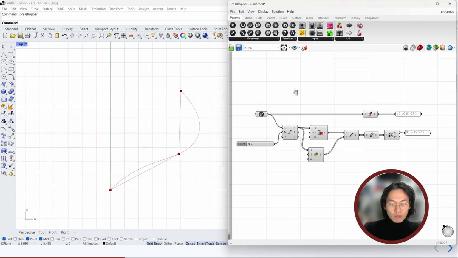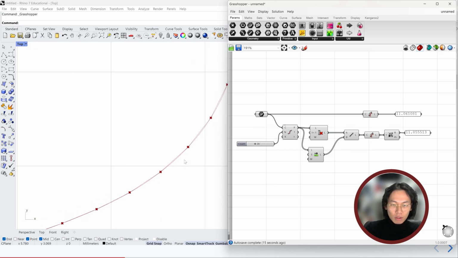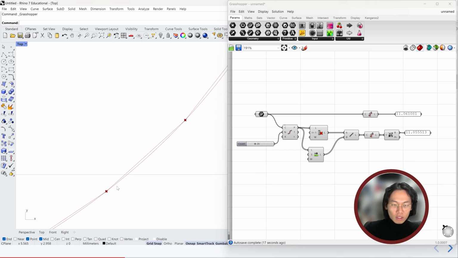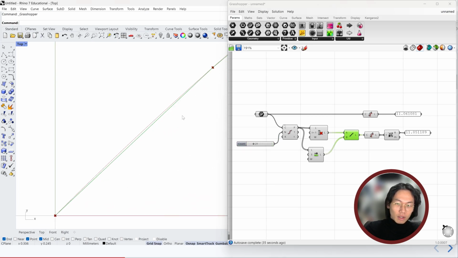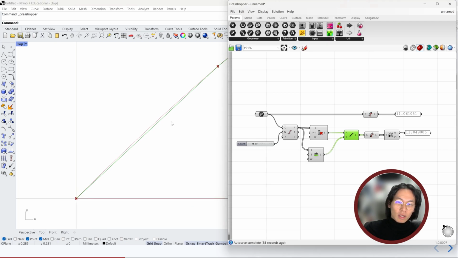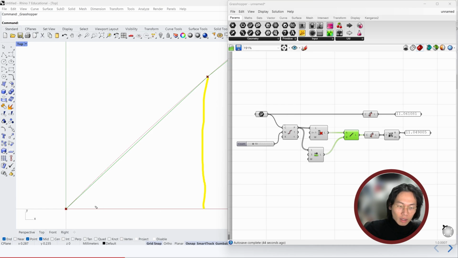So here's the Grasshopper. As you see, if I increase the division, the length over here will be much closer to the actual length. The idea is that if I zoom in on one subdivision, at the beginning it was 2, but if I make it denser, this green line here, if I make it smaller, the green line here is the y and here is the x.